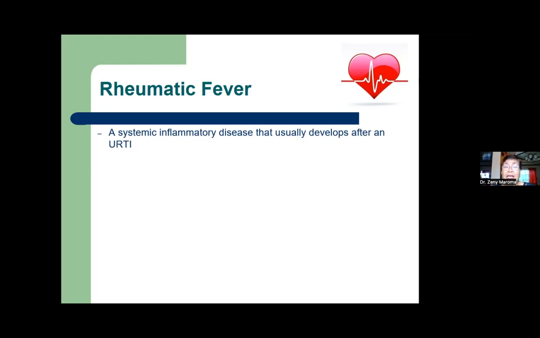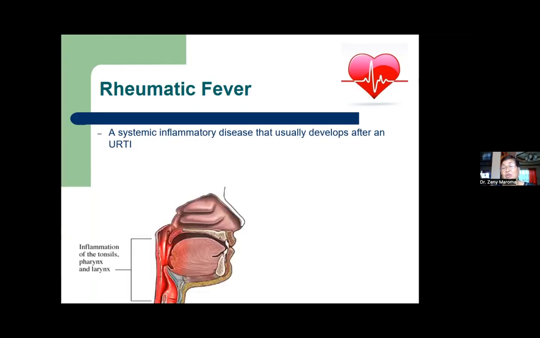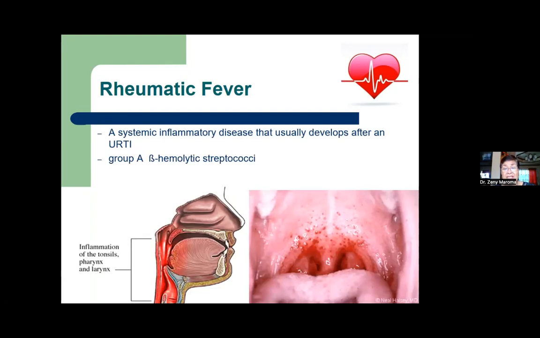Ano yung upper respiratory tract infection? So these are tonsillitis, pharyngitis, laryngitis, okay, ATP, acute tonsilopharyngitis. Okay, and this is caused by GAB. Sino si GAB? Si GAB is group A, beta hemolytic streptococcus.